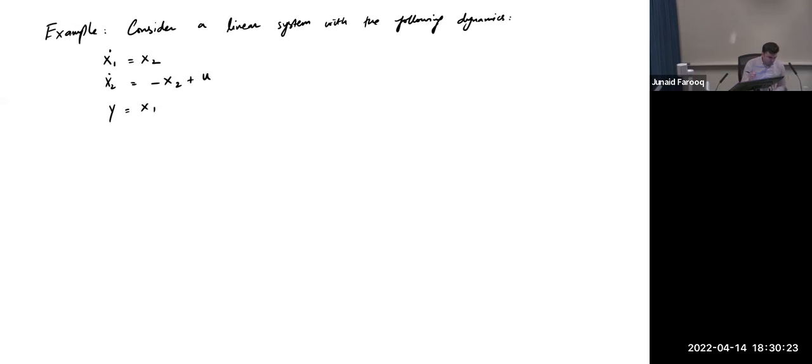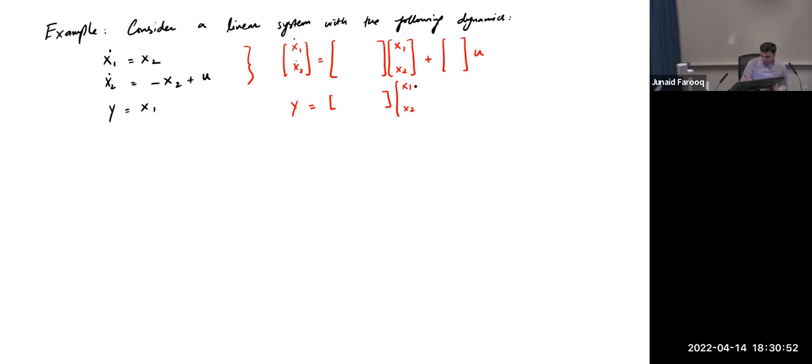So first thing is, as always, convert it to a state space representation. So you will have x1 dot, x2 dot equals a matrix times x1, x2 plus something times u, and then we have y equals some matrix plus Du.